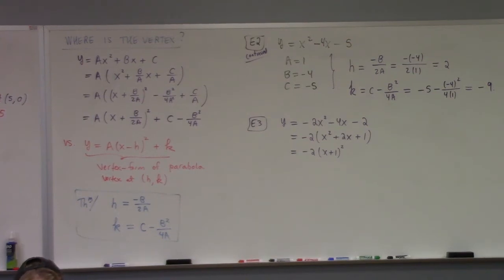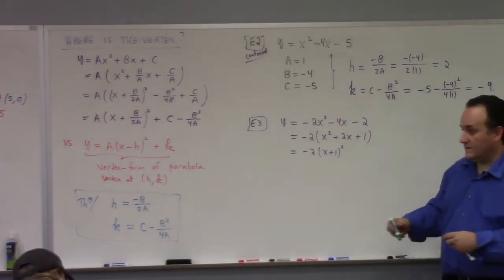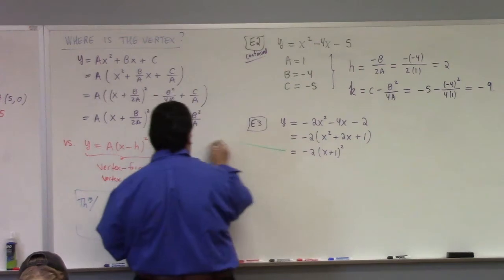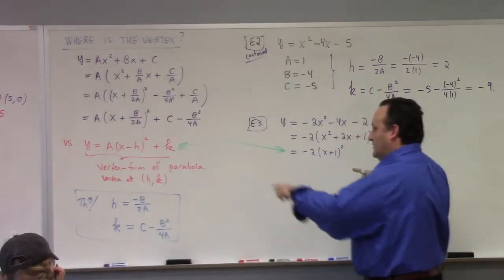So in this problem, the problem of finding the vertex and the problem of finding x-intercepts coincide. It's the same problem. If you compare this and this to find the vertex, what do you see?